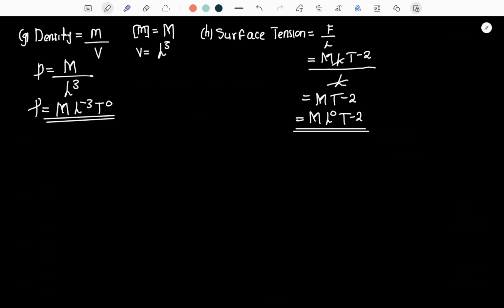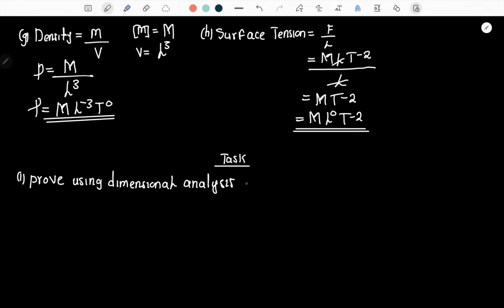Now, we have a question, so we can say task. The first question is actually saying, prove using dimensional analysis the following given formulas.